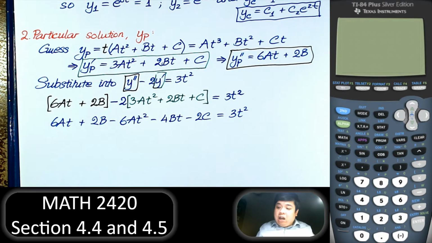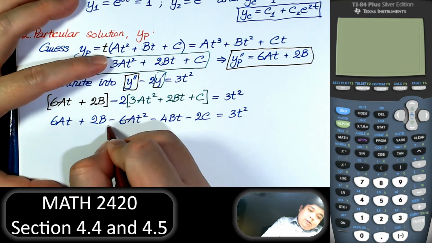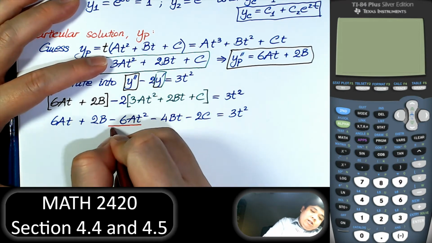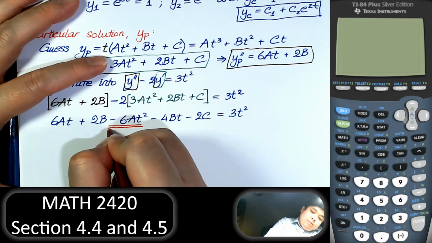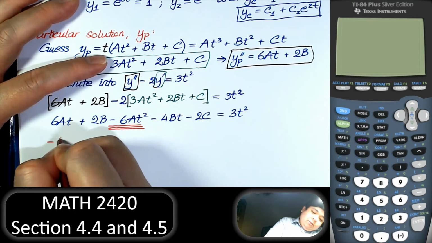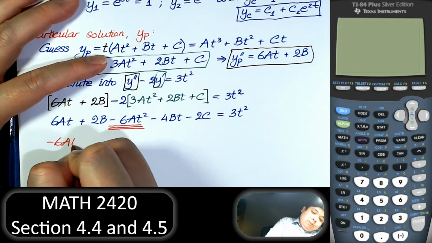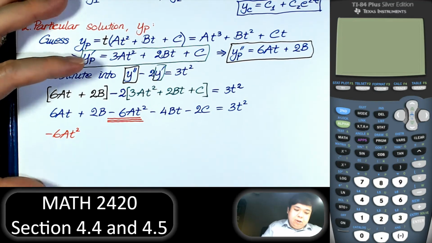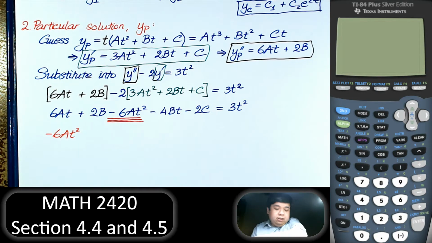Right, combine like terms. How many t squared do we have? Just one. How many t do we have?